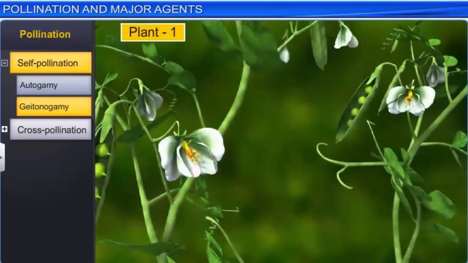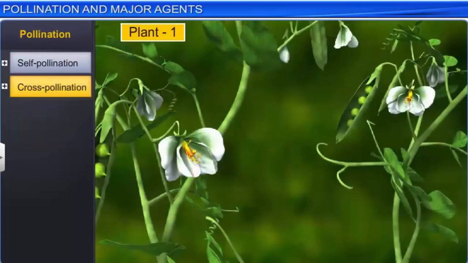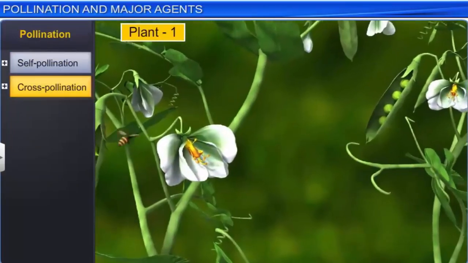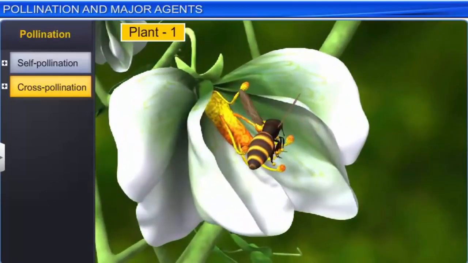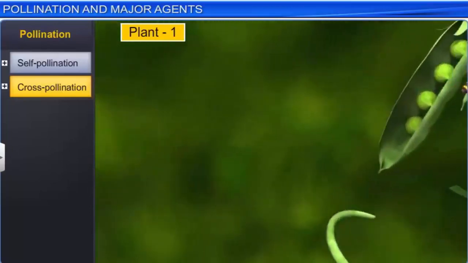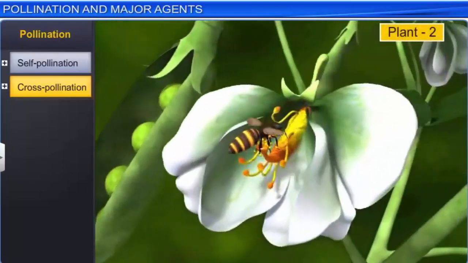Apart from self-pollination, cross-pollination is also commonly seen in plants. This type of pollination involves the transfer of pollen grains from the flower of one plant to the stigma of the flower of another plant of the same type.